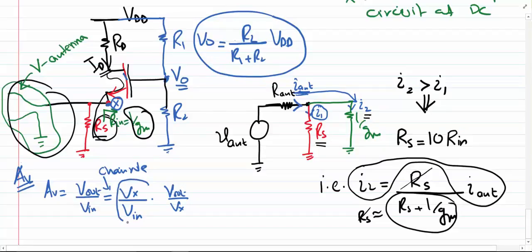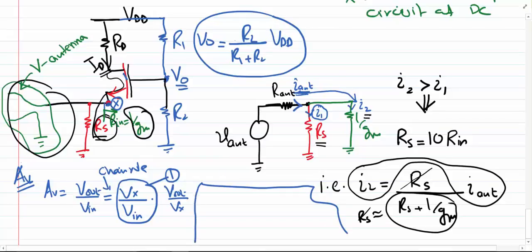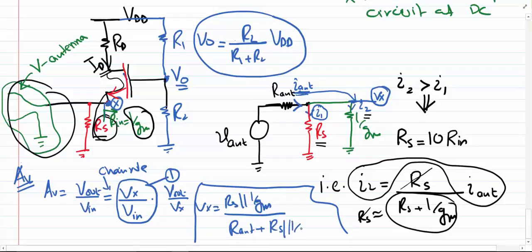Now what is this quantity? Let me label this thing as 1, and let me find some space to solve it. Well, let's just do it over here. Now if I'm standing over here at this node X and I'm interested in finding the voltage over here, all I see is this as a Vx, and the voltage Vx is going to be equal to Rs in parallel with 1 over Gm divided by R antenna plus Rs in parallel with 1 over Gm.